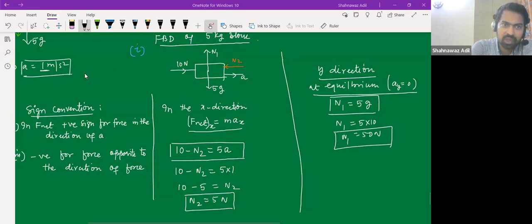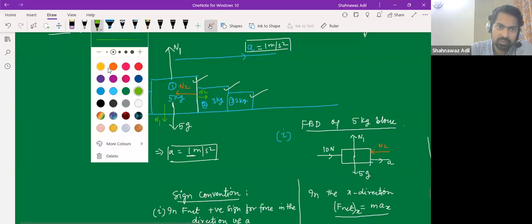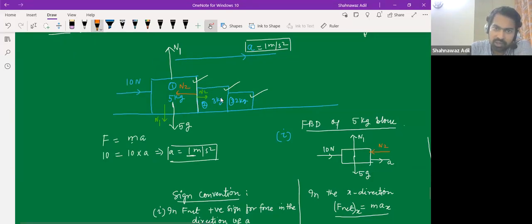No, sir. Okay, so now let us write all the forces on this 3 kg block. First one is gravity. Then the surface is applying the normal reaction.